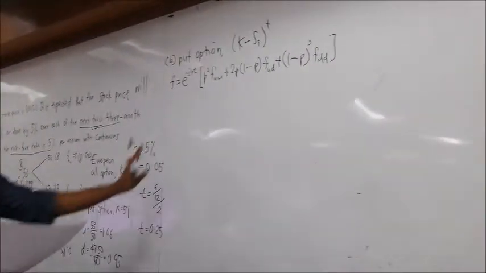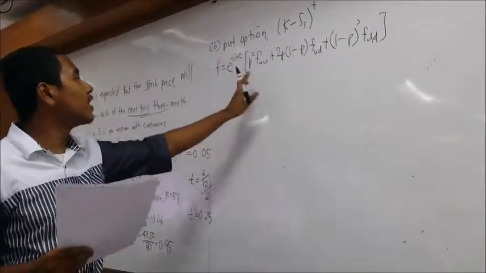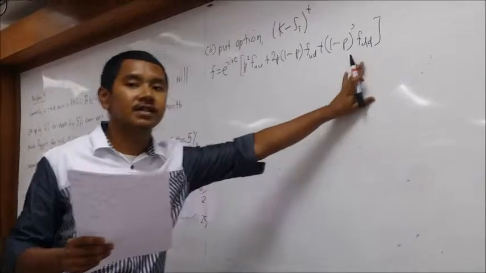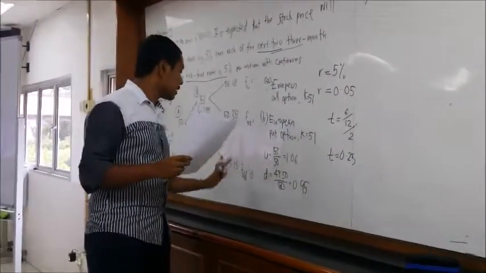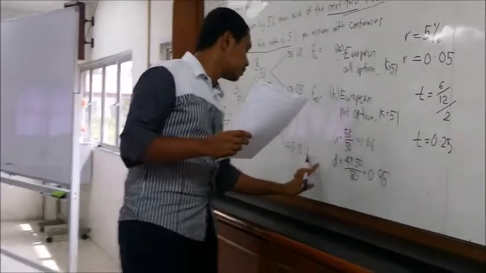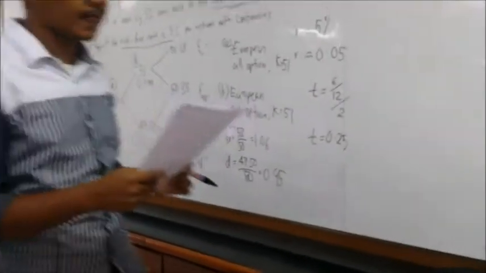So for the put option, the difference is our FUU, FUD, and FDD. So we will find the new FUU, new FUD, and new FDD for the put option.